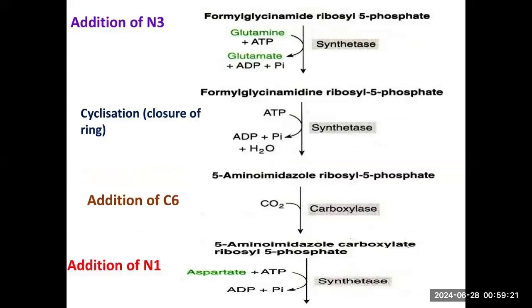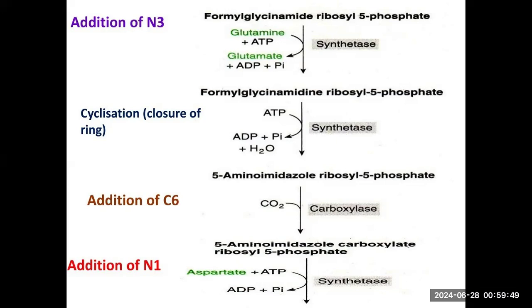Then, to formyl glycinamide ribosyl 5-phosphate, one more nitrogen atom is added, donated by glutamine by the action of an enzyme synthetase, and glutamine, after donating its amino group, is converted into glutamic acid, and we get the formation of formyl glycinamidine ribosyl 5-phosphate.